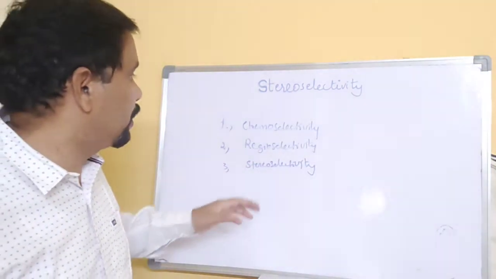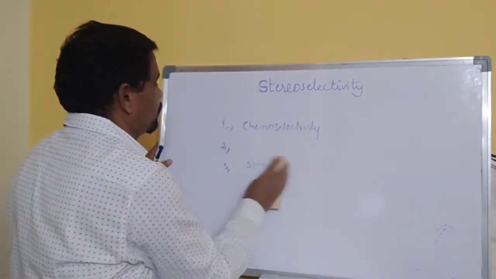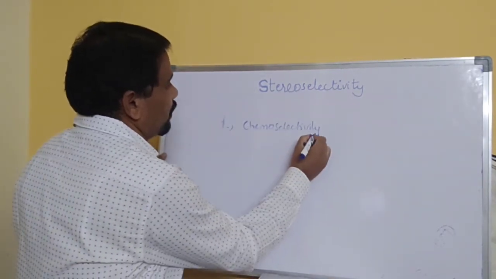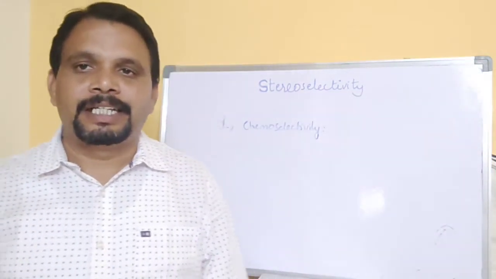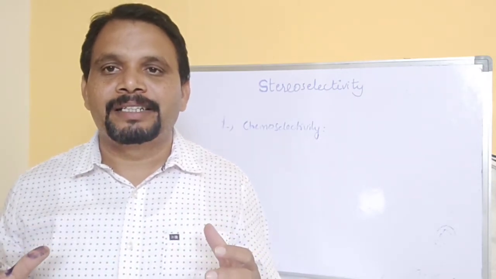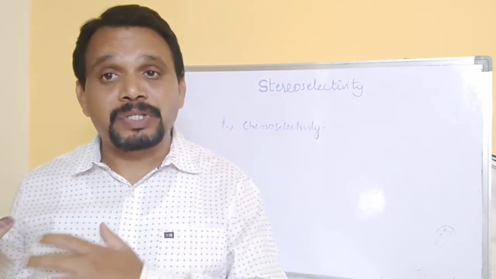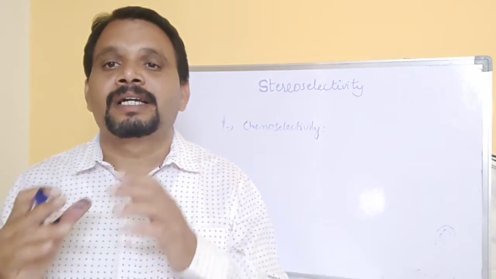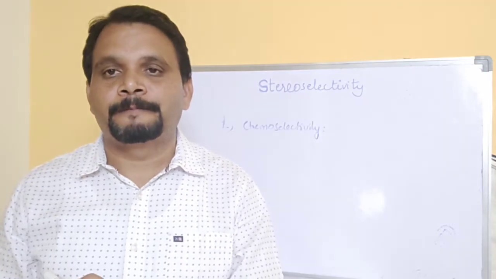So first, let us see chemoselectivity. What is chemoselectivity? You already know about chemoselectivity. It is also a chemical reaction that yields predominantly or majorly one product over the other possible products by reacting at one functional group over the other functional group.